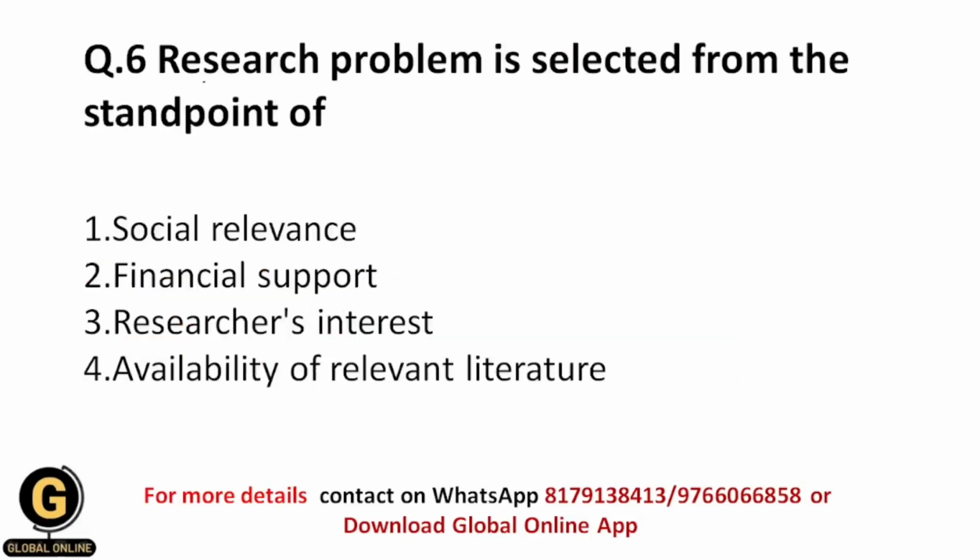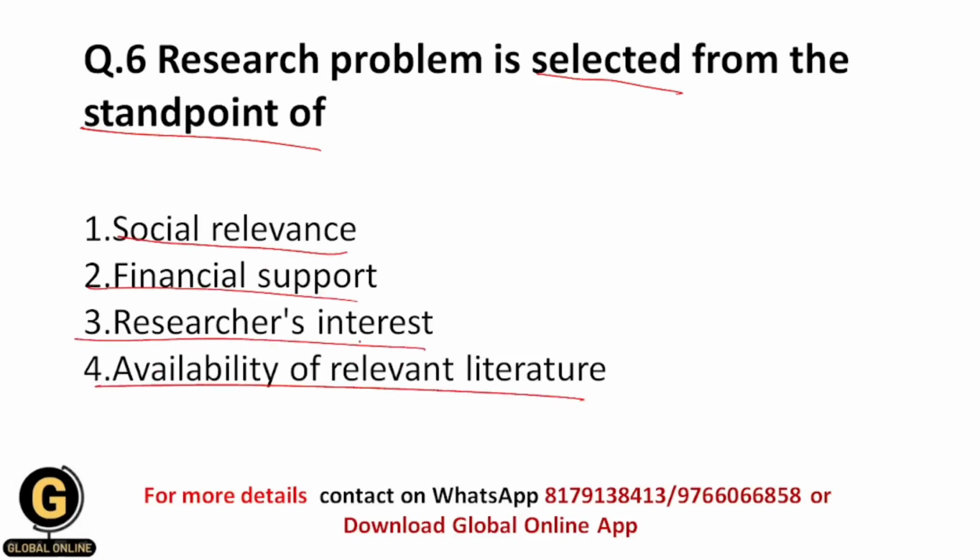Now in this question, students, it has been asked: research problem is selected from the standpoint of. That means the research problem is selected from the point of view of. Okay, so the options are social relevance, financial support, researcher's interest, availability of relevant literature. Researcher's interest is very important. Based on his interest, the researcher would select his topic.